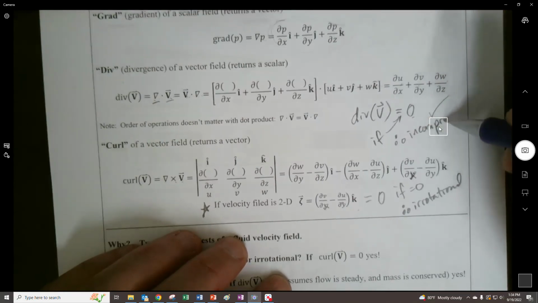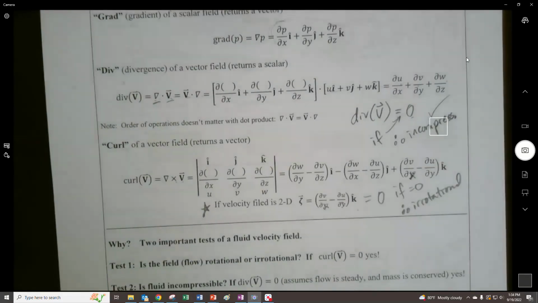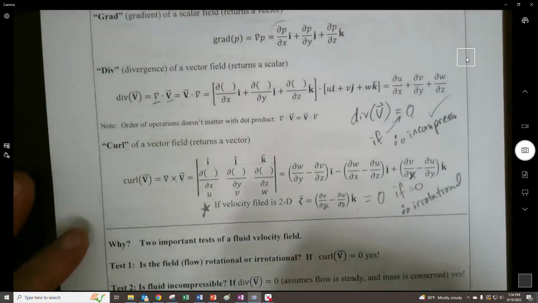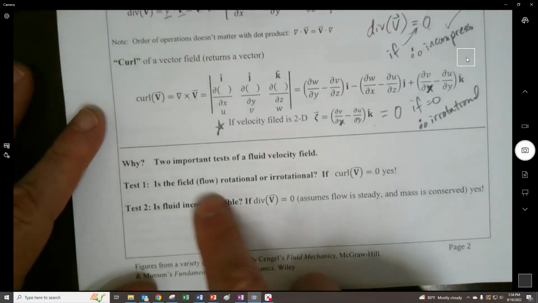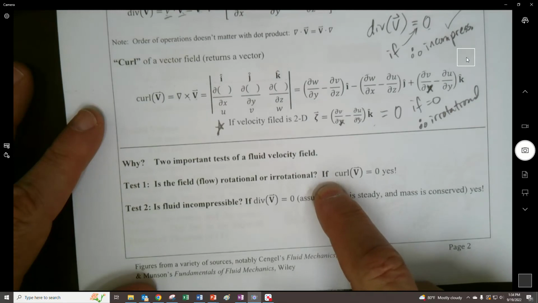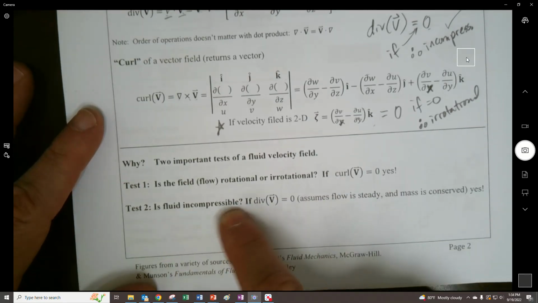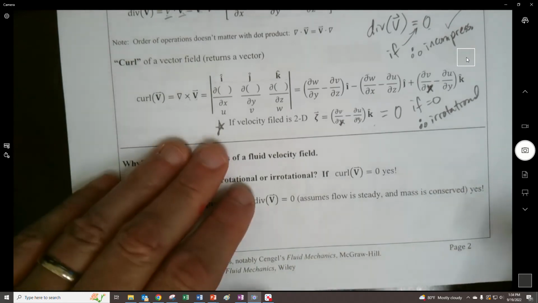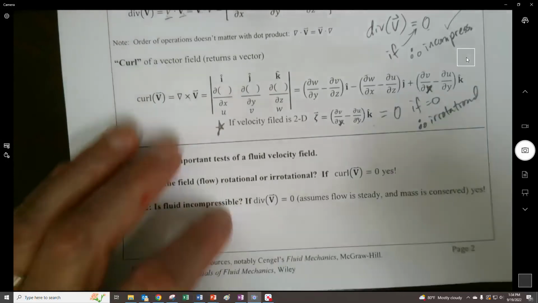Not only incompressible, but also obeys continuity, which is to say that mass is conserved, but we can pretty much tell that's true. And then, okay, well, I already said here 2 important tests. If this is true, it's irrotational. And if the fluid's incompressible, then the divergence right here. So if we get a velocity field, amongst the things we want to do is jump to that right there and find out if it passes the test.